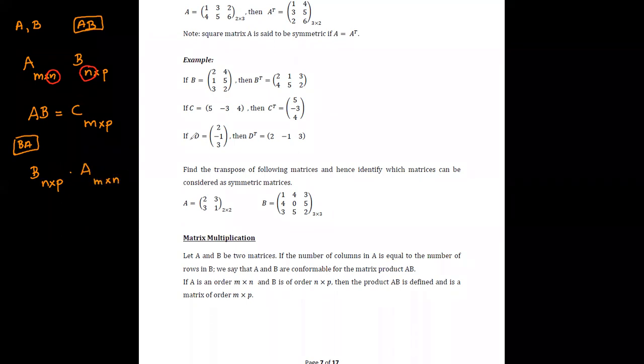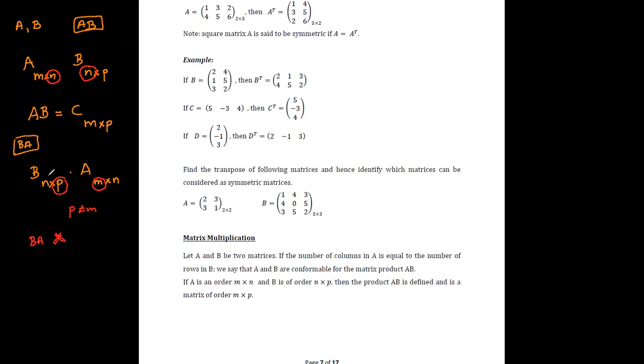If you compare the number of columns in the first matrix with the number of rows in the second matrix, you can see that p does not equal m. Therefore, the matrix product BA does not exist, and the matrices are not conformable for BA.